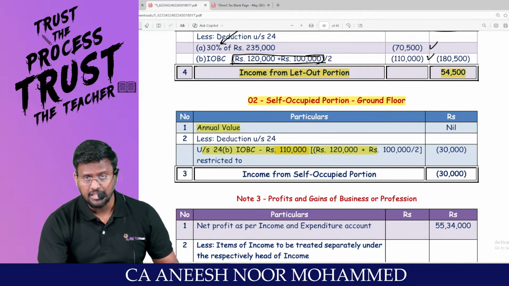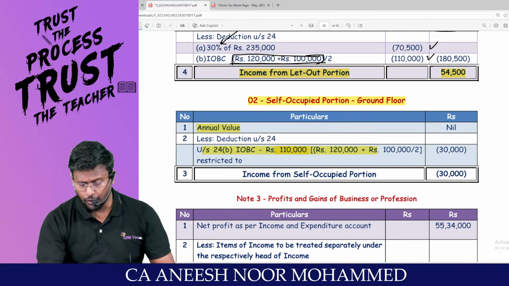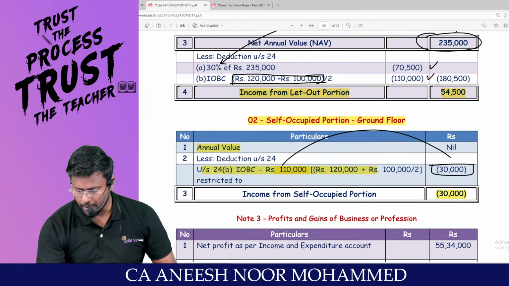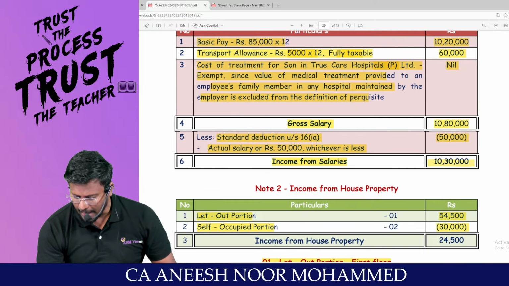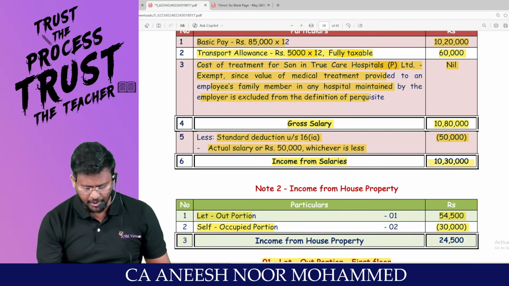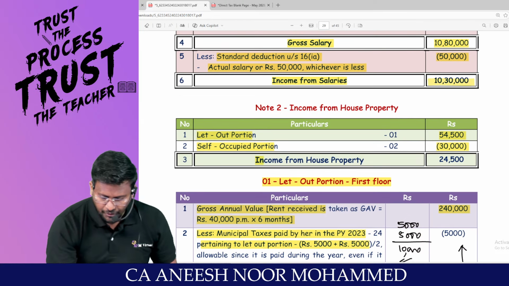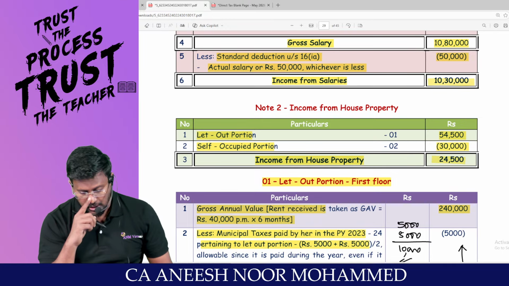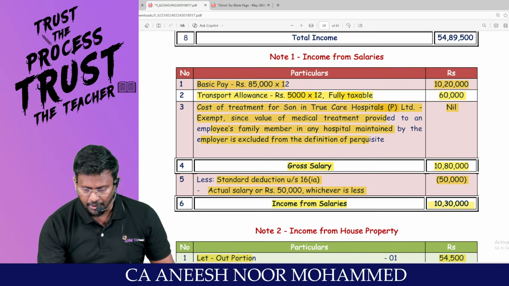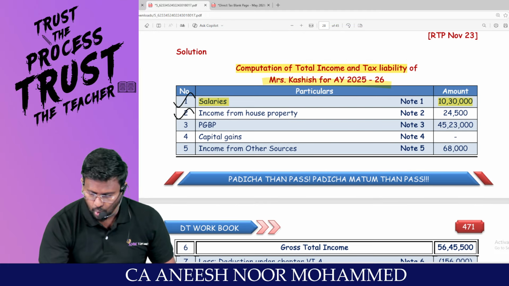But since this is not for construction, not for acquisition, this will be restricted to 30,000. So loss from self-occupied property is 30,000. Can you happily knock off? Can we do intra-head adjustment? You will be getting income from house property of 24,500, my dear lovable students. That's it with regard to the house property calculation also.